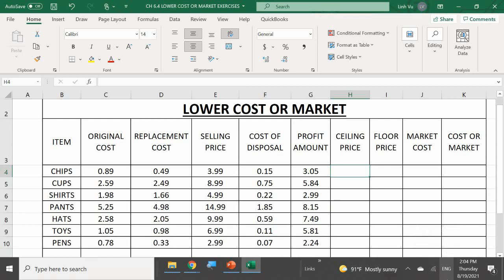The first example is that I purchased chips. They cost me 89 cents to purchase, but maybe it was a special edition chip, a limited edition or flavor of the month type of deal. So they cost me 89 cents per bag.